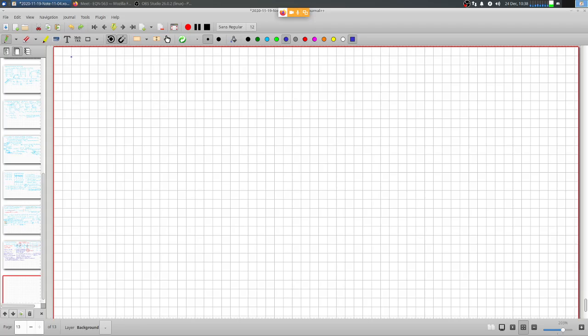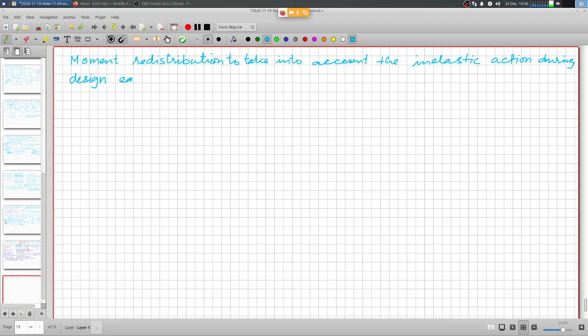So, moment redistribution to take into account the inelastic action during design earthquake, right?